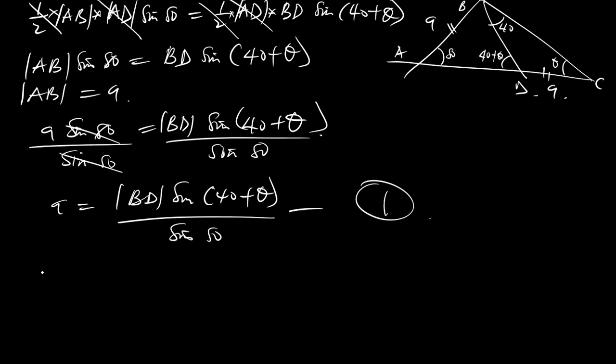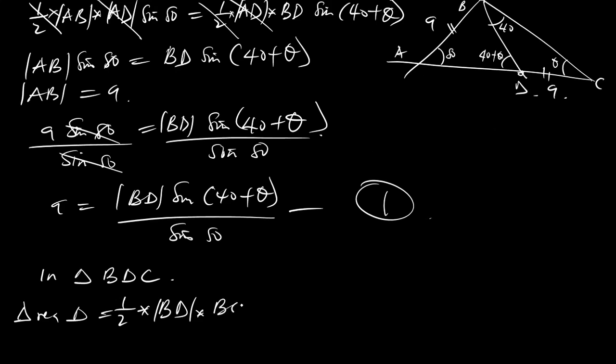Then now let's say in triangle BDC, the area of the triangle is equal to half times BD times BC times sine 40.